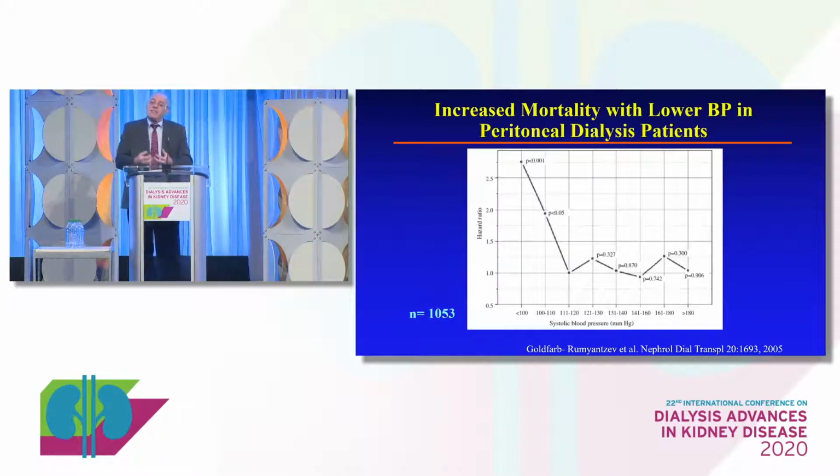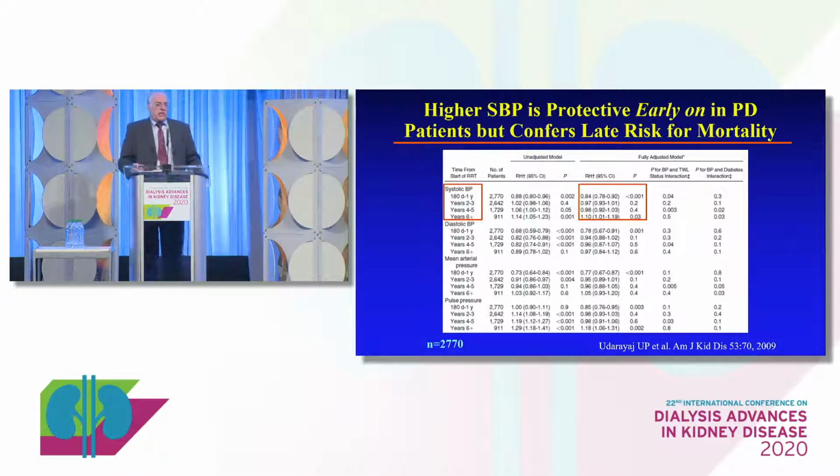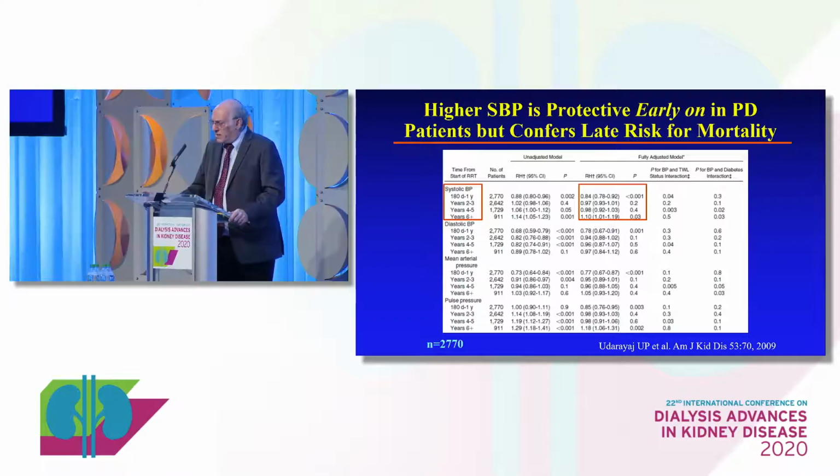Now, this may simply reflect the fact that mortality in the population is so high that we can't dissect an effect due to higher blood pressures. I'm not advocating that we keep patients at exceedingly high pressures, especially in light of this study that comes from the United Kingdom, a slightly larger study, where they found indeed that a higher blood pressure is protective in the first year of PD, but it's irrelevant, or there's no effect in years 2 through 5.